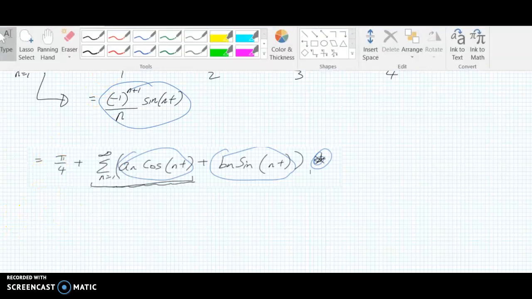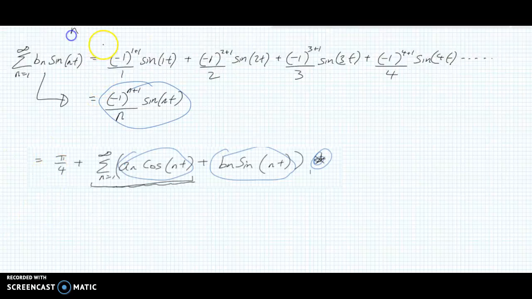Let's get the pen sorted out here. We still have our pi over 4, and it's going to be plus the sum from n equals 1 to infinity of these two structures. The second structure is going to be plus minus 1 to the power of n plus 1 over n, sin nt.